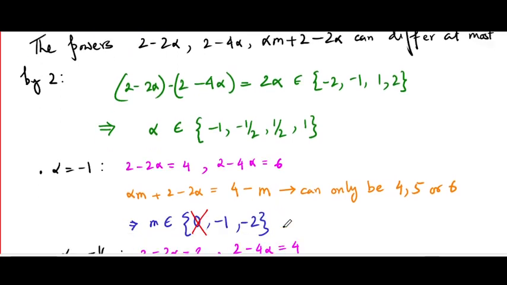So this tells us the possible values for m. Since 4 minus m can be 4, 5 or 6, this might imply that m can be any one of 0, minus 1 or minus 2. But note that 0 is not allowed, or rather 0 is too trivial, because if m were 0, we would really end up with a constant for the potential and no force whatsoever.